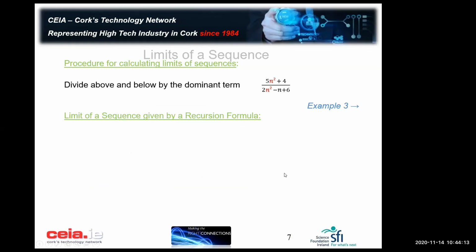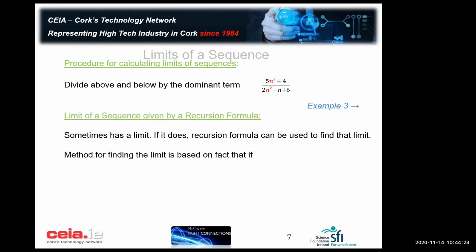So, how to find the limit of a sequence by a recursion formula? Sometimes they have a limit. And if it does have a limit, the recursion formula can be used to find that limit. So the method for finding the limit is based on the fact that if the limit of u of n as n approaches infinity is u, then all the other terms have the same limit.